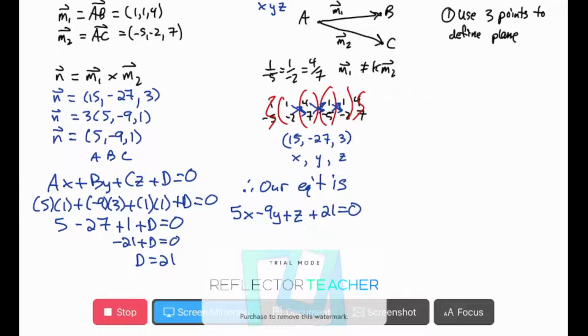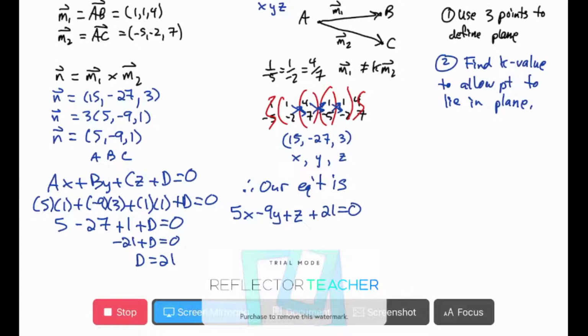Cool. Final step. Find k value to allow point to lie in or on the plane we just defined. So my steps aren't very detailed here, but it's the same stuff we just did in the previous question, more or less.